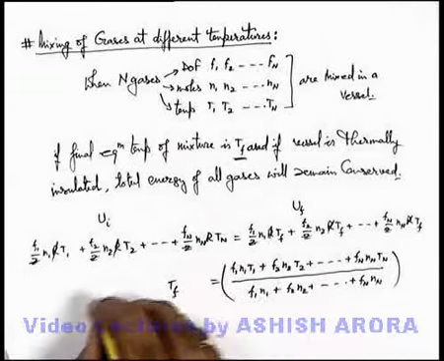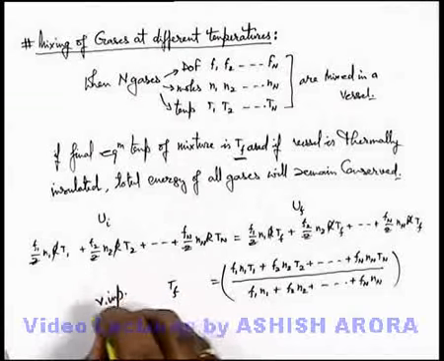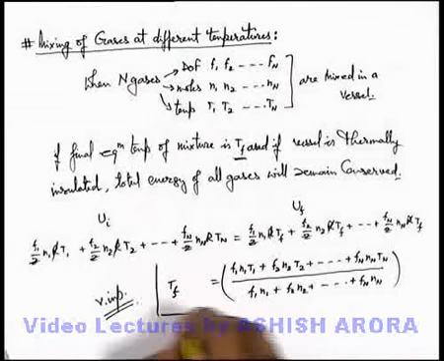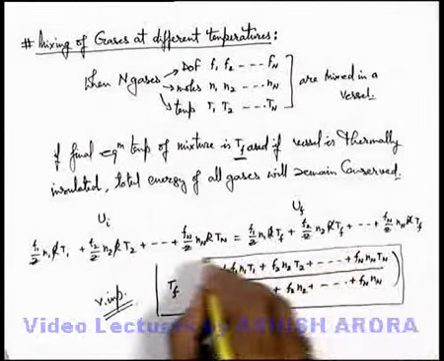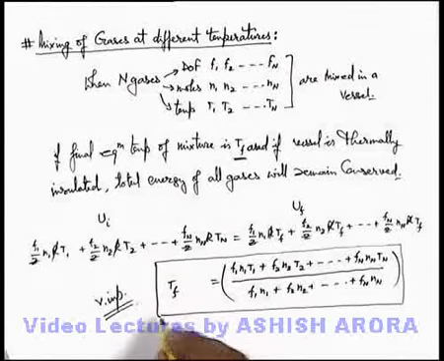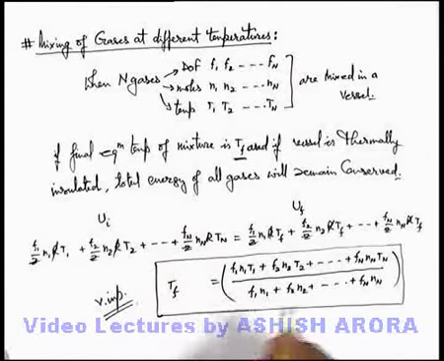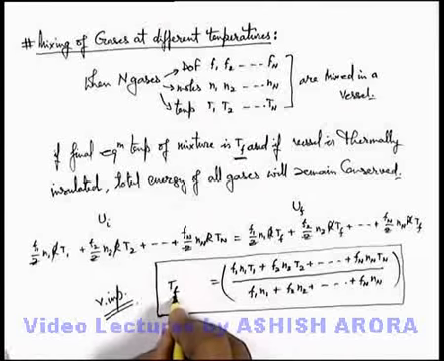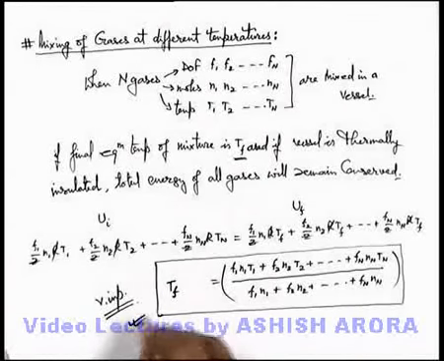This is quite a useful and very important expression you need to keep in mind. Always remember the expression as whenever mixing of gases is done in a thermally insulated vessel, the final equilibrium temperature of the mixture can be obtained directly by using this expression.